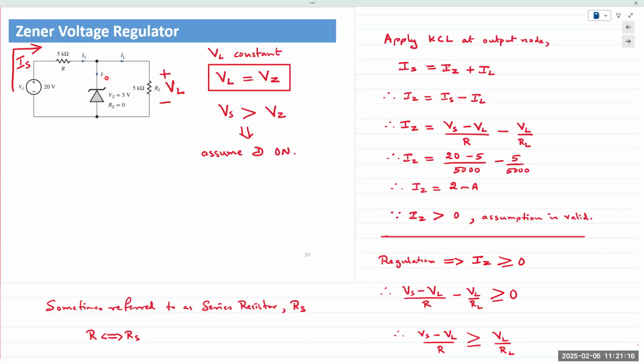It goes up, so you have more current coming through here. That total supply current is split in two. It goes through the Zener diode, and the other portion goes through the load resistor. If you apply KCL at the top, the supply current IS is split between IZ and IL.